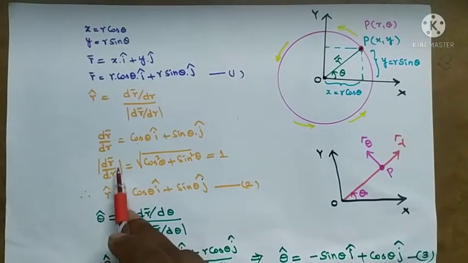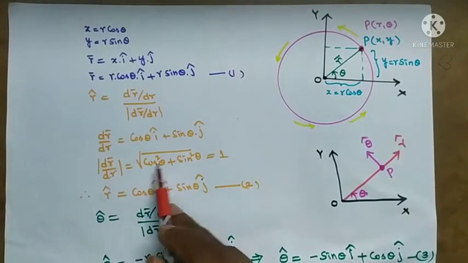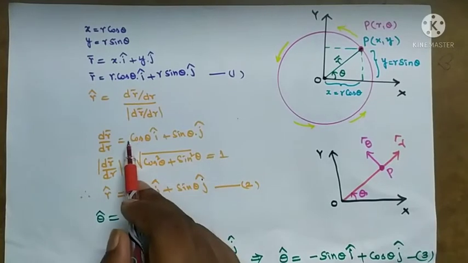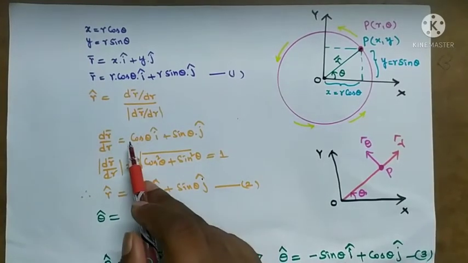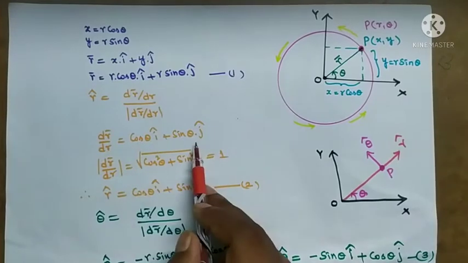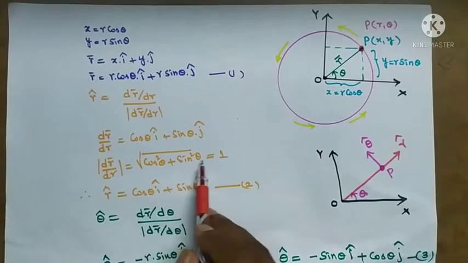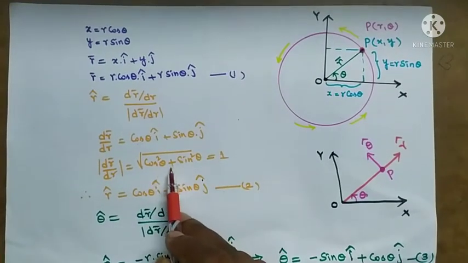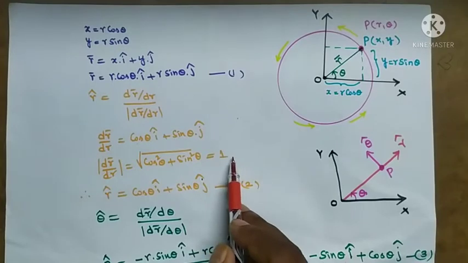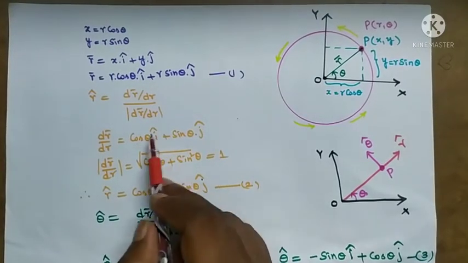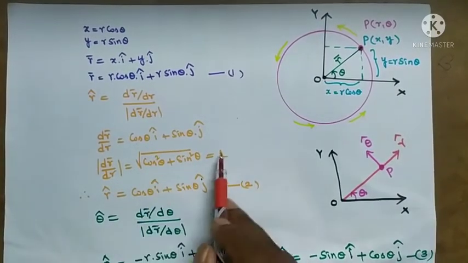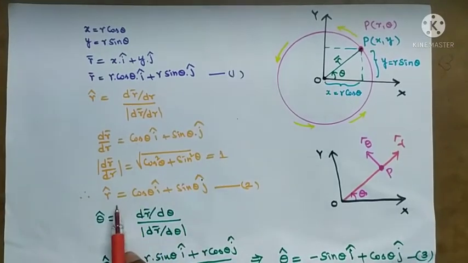The magnitude of this differential quantity can be written as the square root of the sum of the squares of the coefficients. That is cos square theta plus sin square theta, which is equal to 1. Therefore r cap is equal to this numerator over this denominator, and you get r cap.